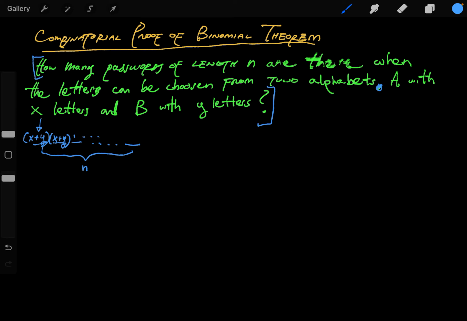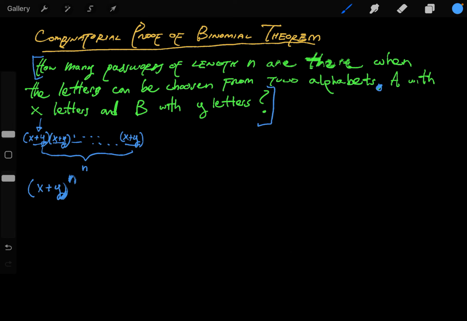I have X plus Y choices for each slot, and we multiply: X plus Y ways of choosing the first letter, X plus Y ways of choosing the next letter, and so forth. This gives me, on the left-hand side, X plus Y to the n possible passwords.